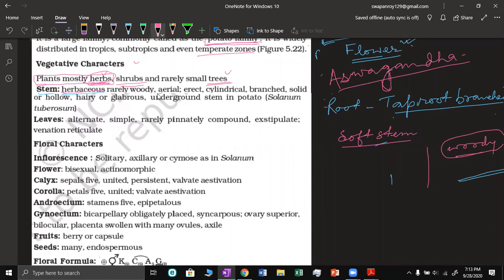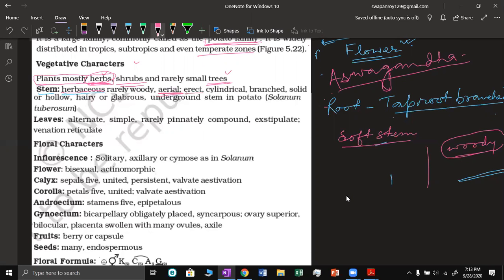It is aerial. Some plants have their main stem growing below the soil, so underground. But here it is aerial, well above the soil level in the air, and it is erect.